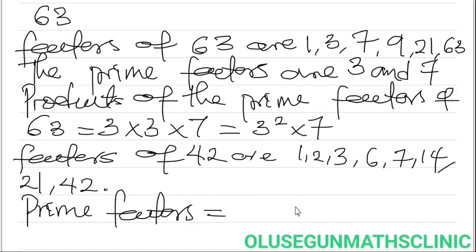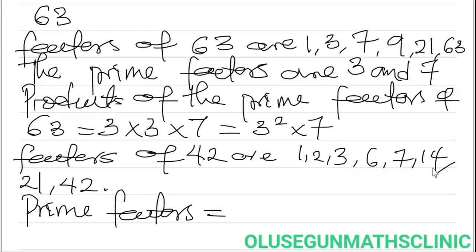The prime factors will now be, let's start from what we are able to see. You discover that 2, 3, and 7 are the only numbers that only 1 can divide, nothing else other than that, and themselves.